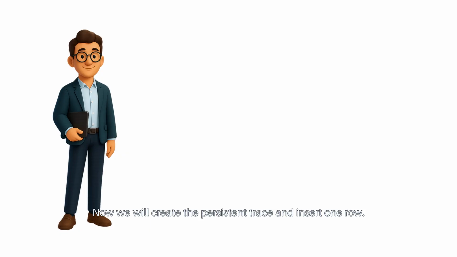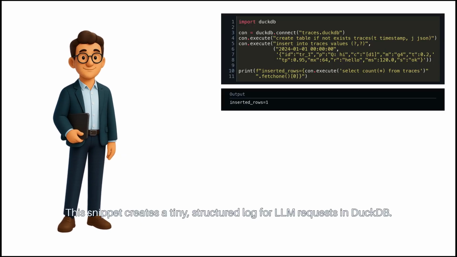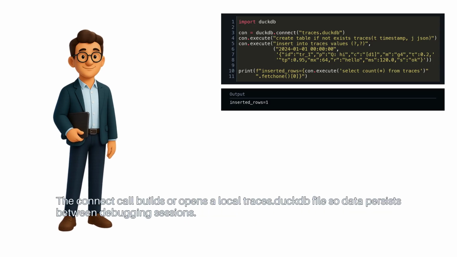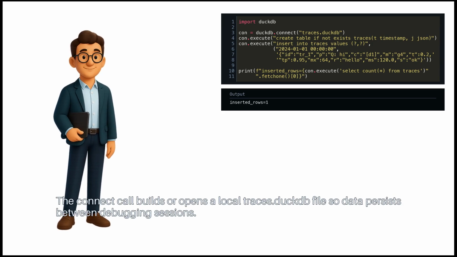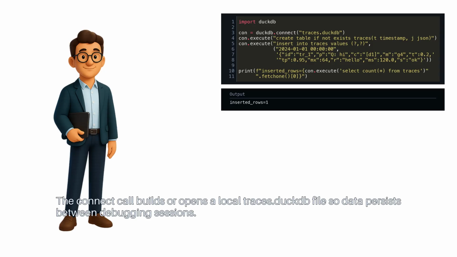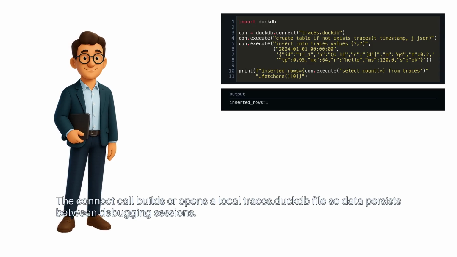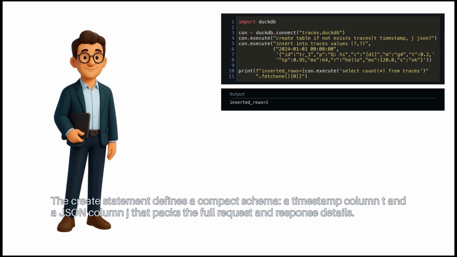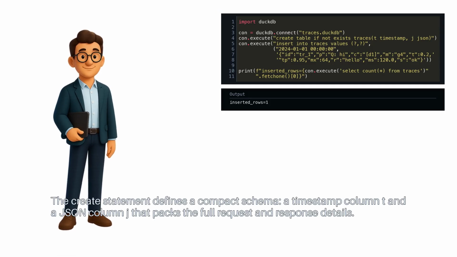Now, we will create the persistent trace and insert one row. This snippet creates a tiny, structured log for LLM requests in DuckDB. The connect call builds or opens a local traces.duckdb file so data persists between debugging sessions. The create statement defines a compact schema, a timestamp column T, and a JSON column J that packs the full request and response details.